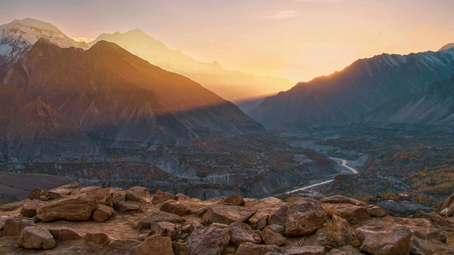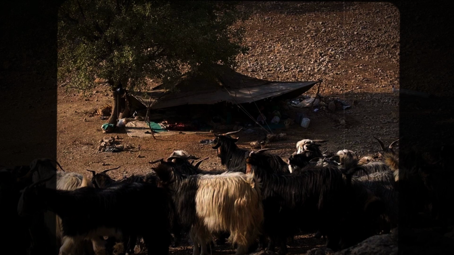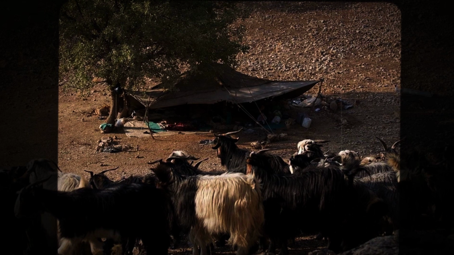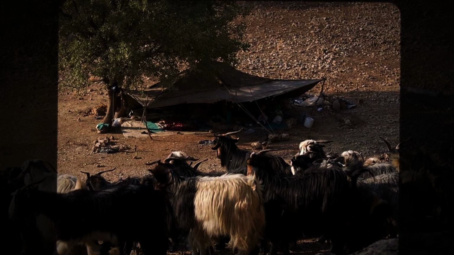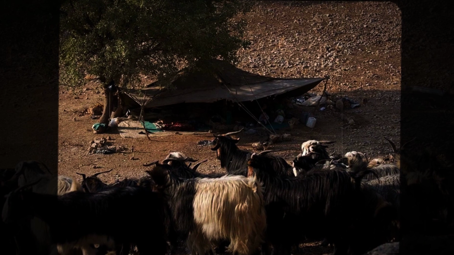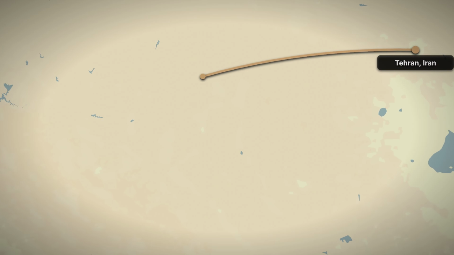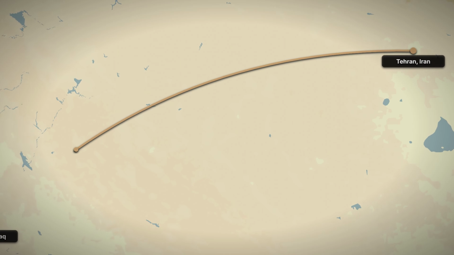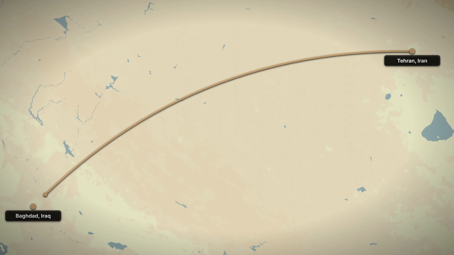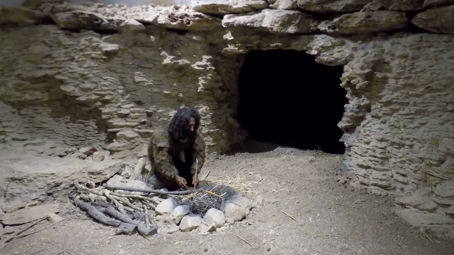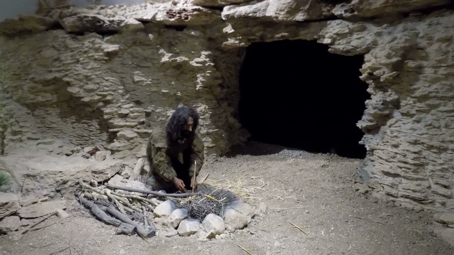So here is where we end. Somewhere in the Zagros foothills, 10,000 years ago, a woman herded goats, ground grain, and lived her life without ever knowing that the people farming wheat 300 kilometers to the west were as genetically distant from her as she was from the hunter-gatherers of Ice Age Europe.